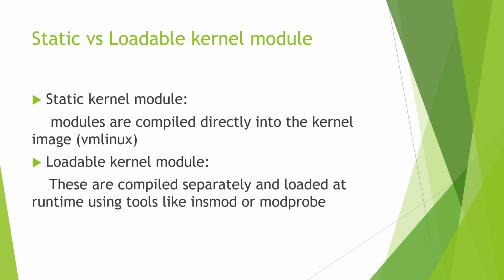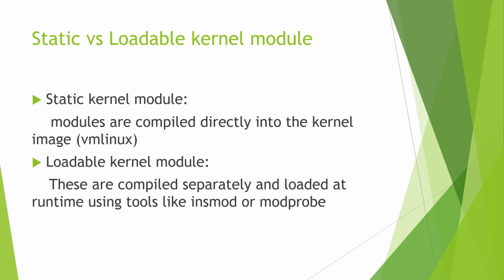Loadable kernel modules can be compiled as a separate .ko file. They can be inserted or removed at runtime using the insmod or rmmod commands. Mostly for initial development and debugging, we compile a module as a loadable kernel module, not as a static one.